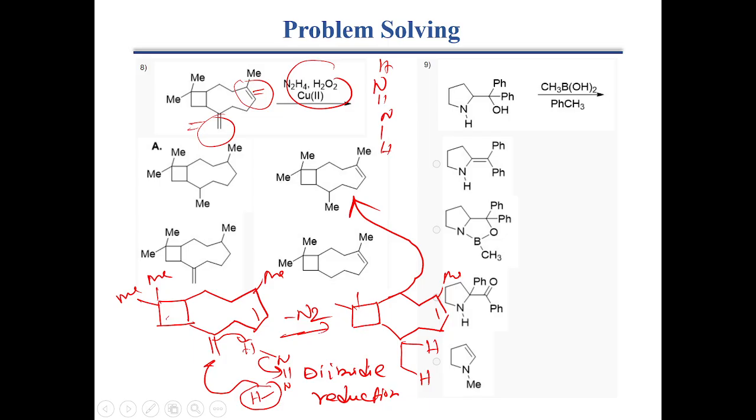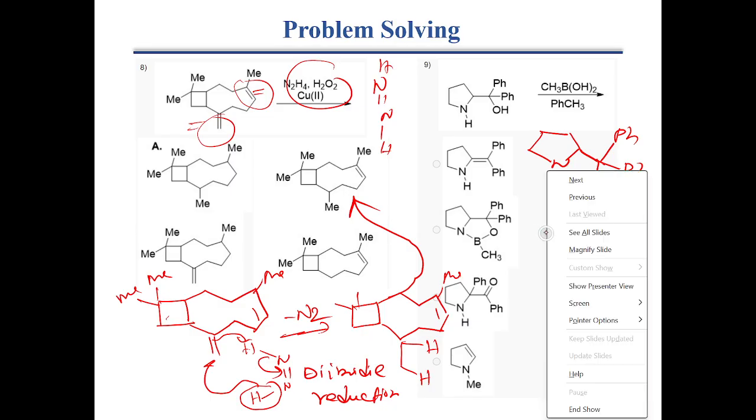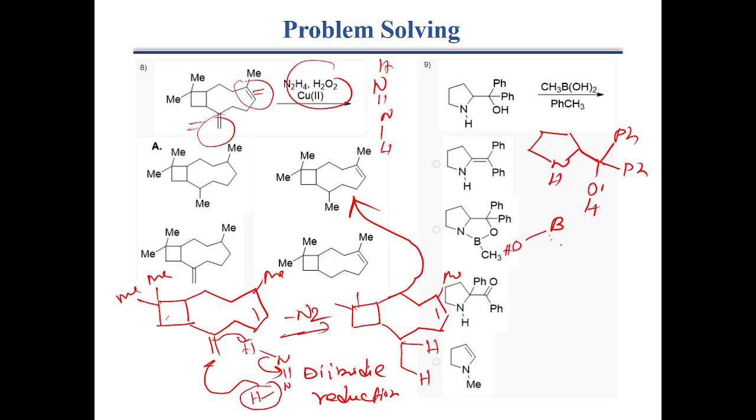Now the next question is this one. So under boronic acid, what happened? Boron, trigonal planar, we all know. As boron is a Lewis acid, oxygen is a Lewis base, basic in nature, so it has a lone pair.